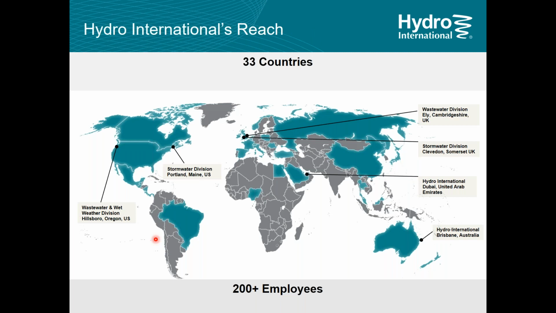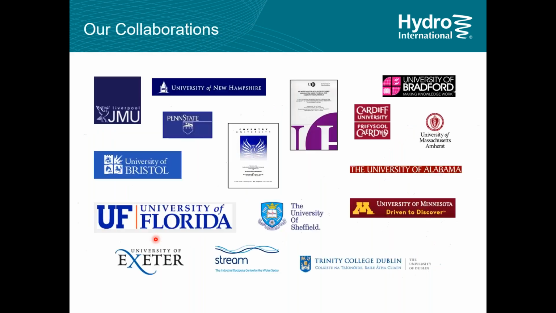Hydro as a company has a worldwide footprint. We do business in over 33 countries, and there are approximately 200 plus employees in the company now. Research and development is a strong part of our business. The company was founded on a strong research and development foundation. We collaborate with universities and other research institutes.